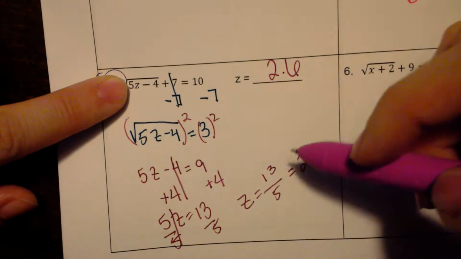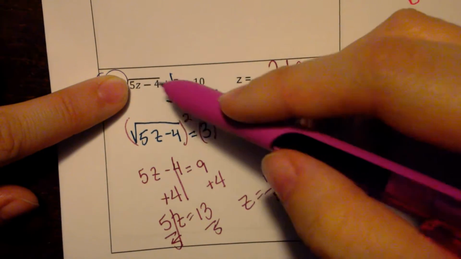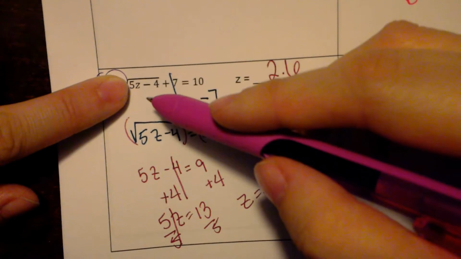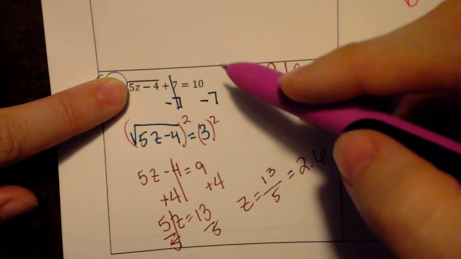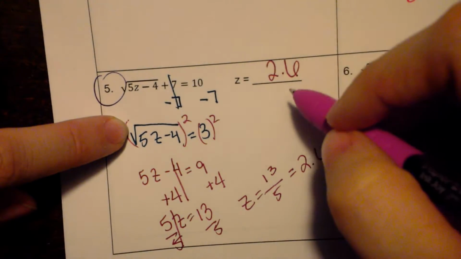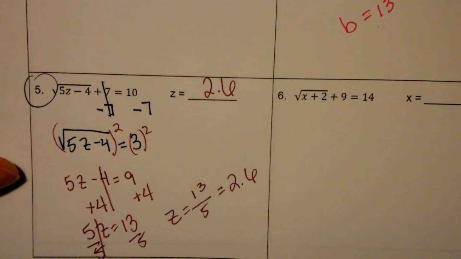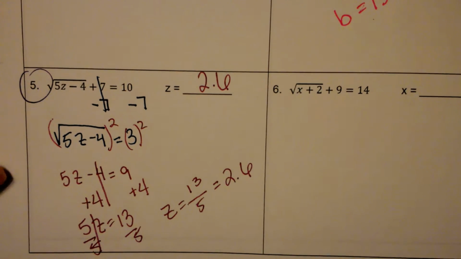Those would simplify to just leave me the numerator, 13. So 13 minus 4 is 9. The square root of 9 is 3. 3 plus 7 gives me 10. So this one works out, and you could easily check it on the calculator if you needed to.